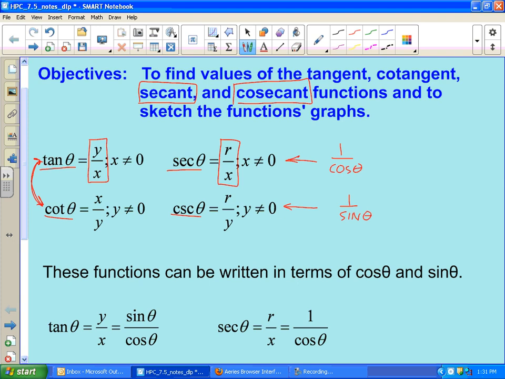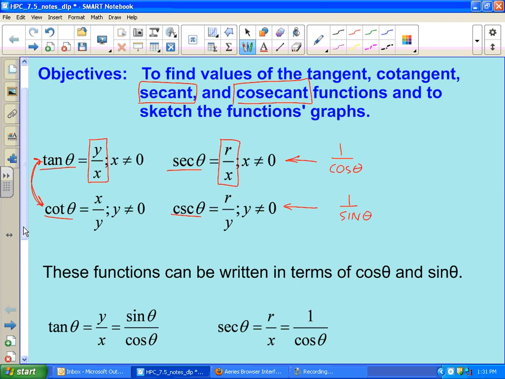Now, one of the reasons these 4 are unique is you'll notice that each of them has a condition where you can't be equal to 0. I can't have x equal 0 for tangent or secant, and if I did, it would be undefined. And for cotangents and cosecants, you can't have y equal to 0 because I'm dividing by 0.